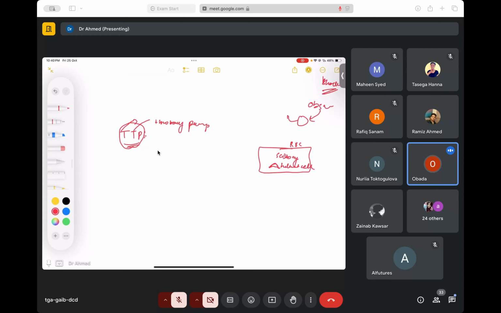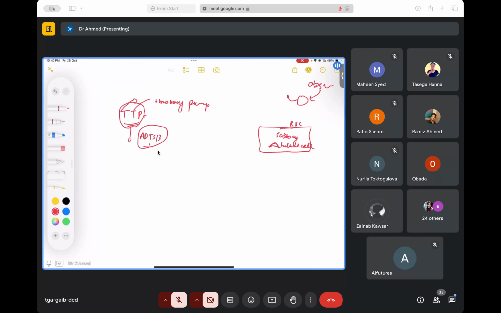Decreased ADAMTS13. Okay, ADAMTS13. Don't confuse yourself with that. Simple: when your von Willebrand factors are released, they are released in the form of multimers. ADAMTS13 is going to come and break them into monomers.